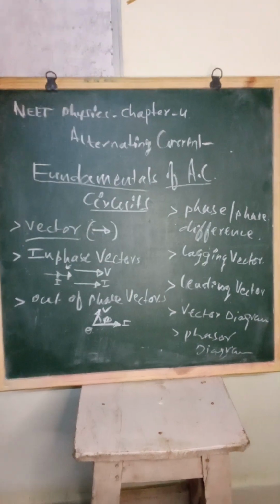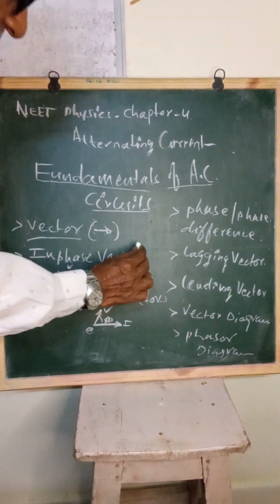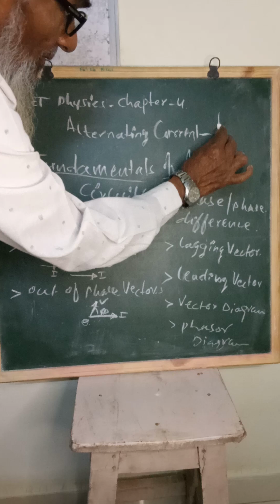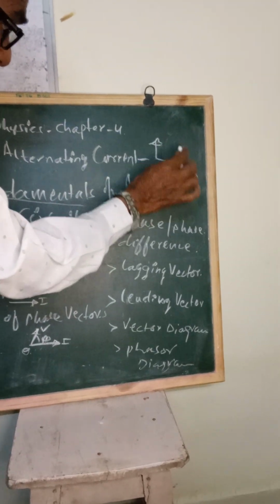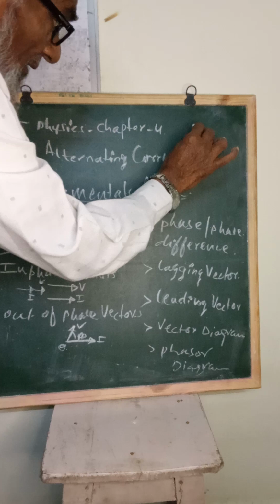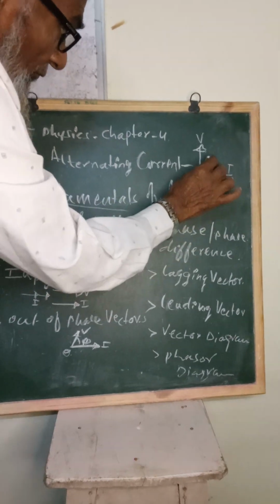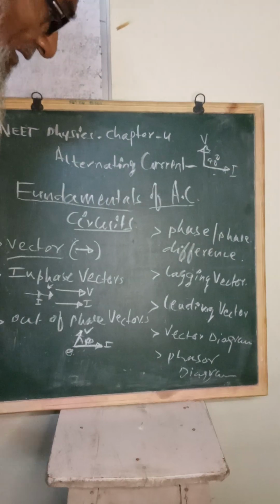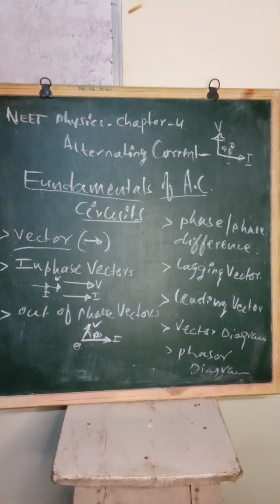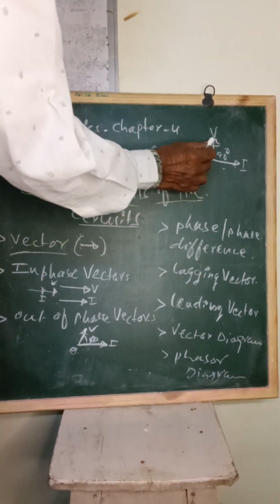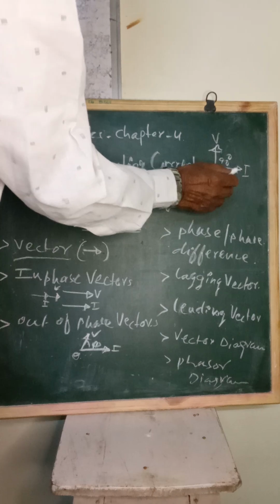Then what do you mean by lagging vector? A radius vector which rotates in clockwise direction from the reference line is called a lagging vector. Here you can see I is lagging V by 90 degrees.